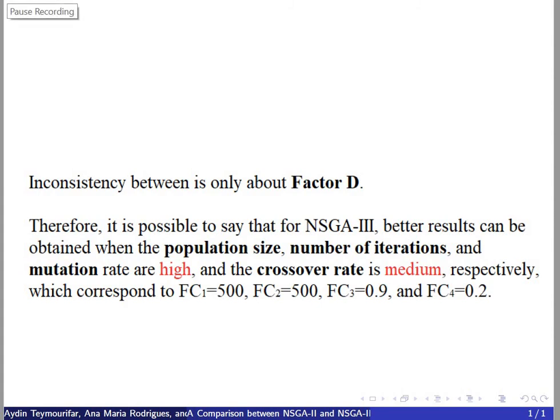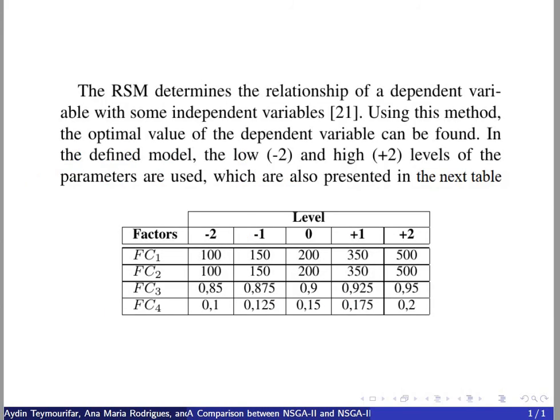But it has been observed that the results of the Taguchi method for NSGA-II have more inconsistency. Based on this reason, the response surface method, or RSM, is used to define the level of the parameters for NSGA-II.